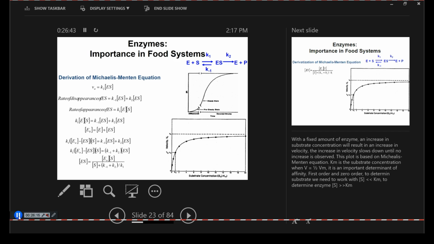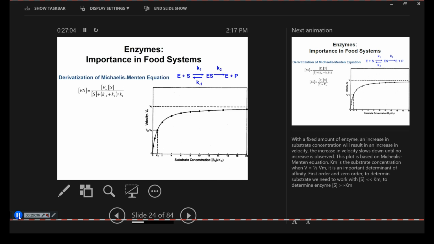So I have ES, and I just rearrange my values to solve for ES, and I get this factor here, which is a constant. And this factor here, which is the constant, K-1 plus K2 over K1, is my Km, the Michaelis-Menten constant. So this value, it's the same equation from the previous page. This here is my Km.